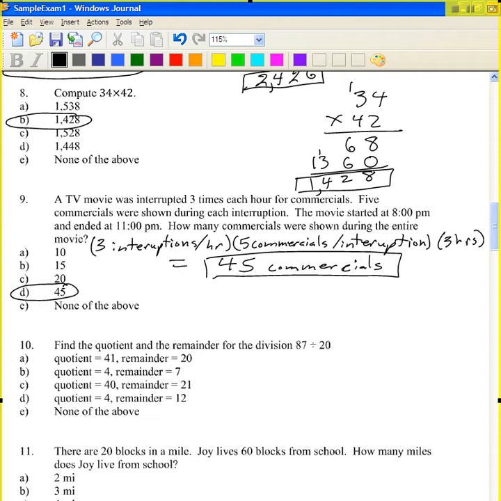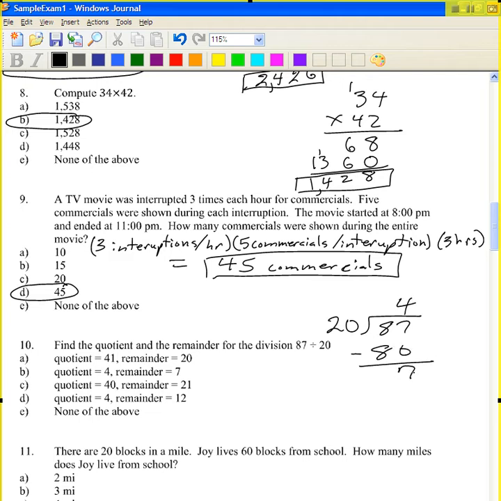10. Find the quotient and remainder for the following division. 87 divided by 20. And so 4 times 20. Maybe I should do it here. 87. 4 times 20 is 80.